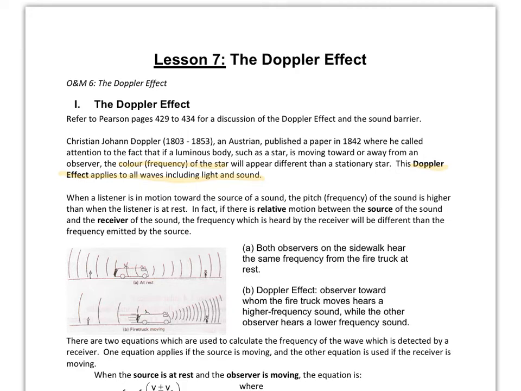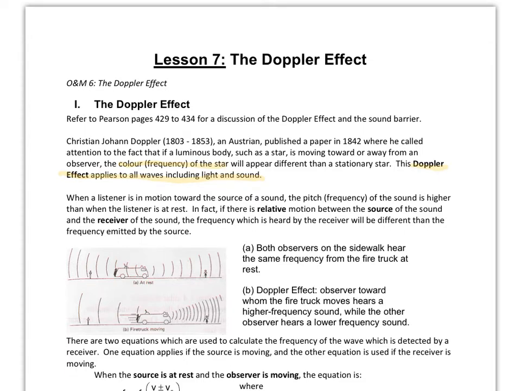So if we have a diagram here, the source of the sound is a fire truck. If both of these people are at rest, and so is the fire truck, we will hear the same frequency as emitted from the fire truck, both in front and behind it.